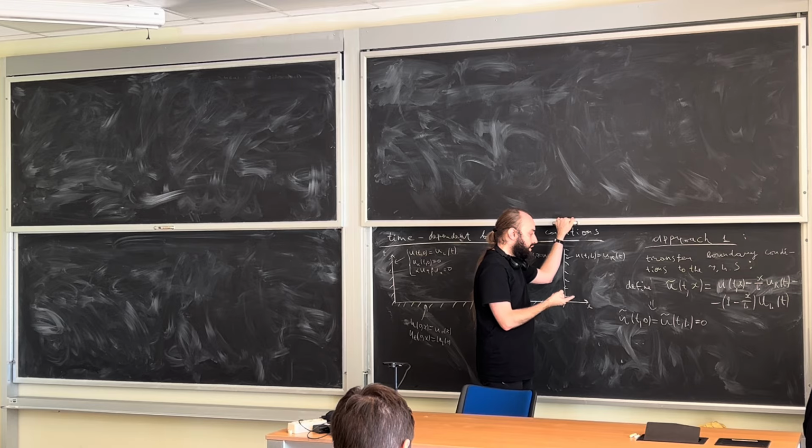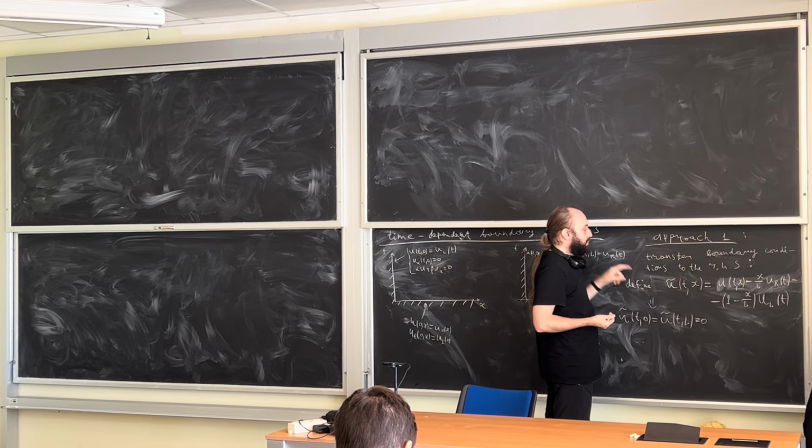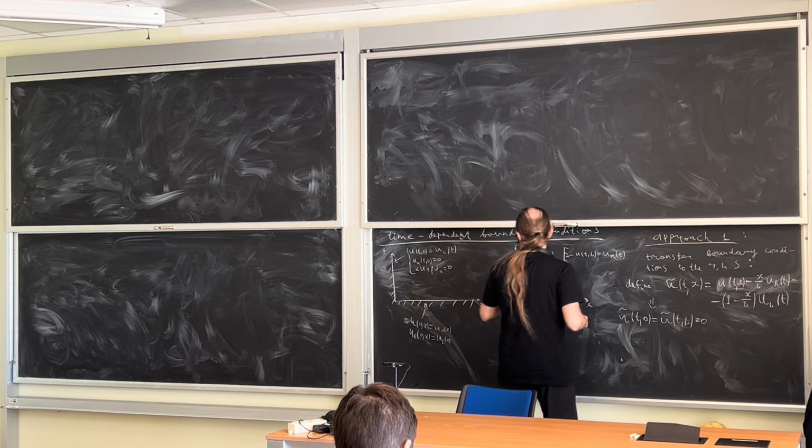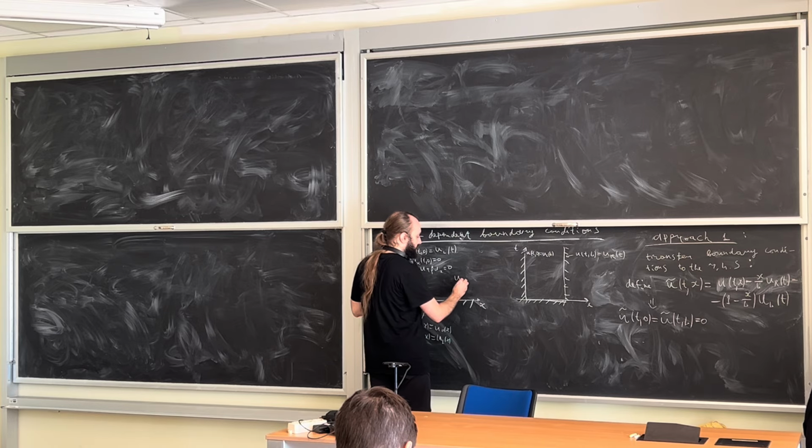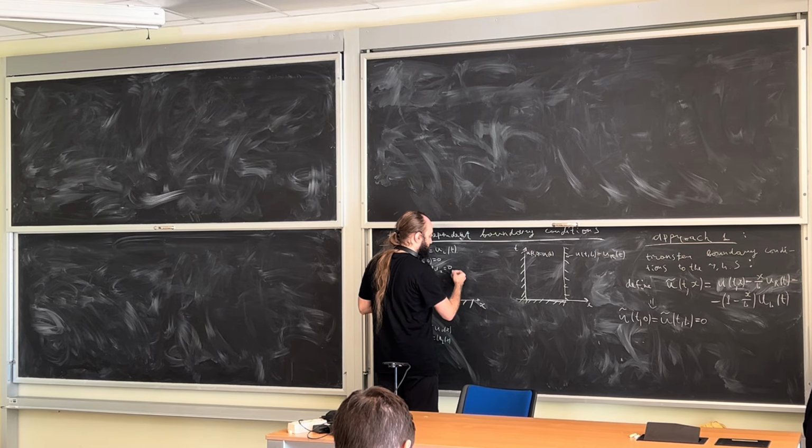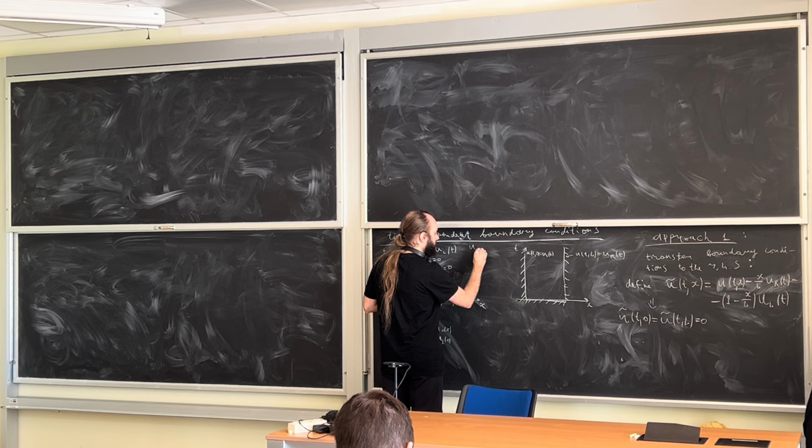The equation has the following form. Sorry, I forgot to write the equation itself: u_tt minus u_xx equals 0.